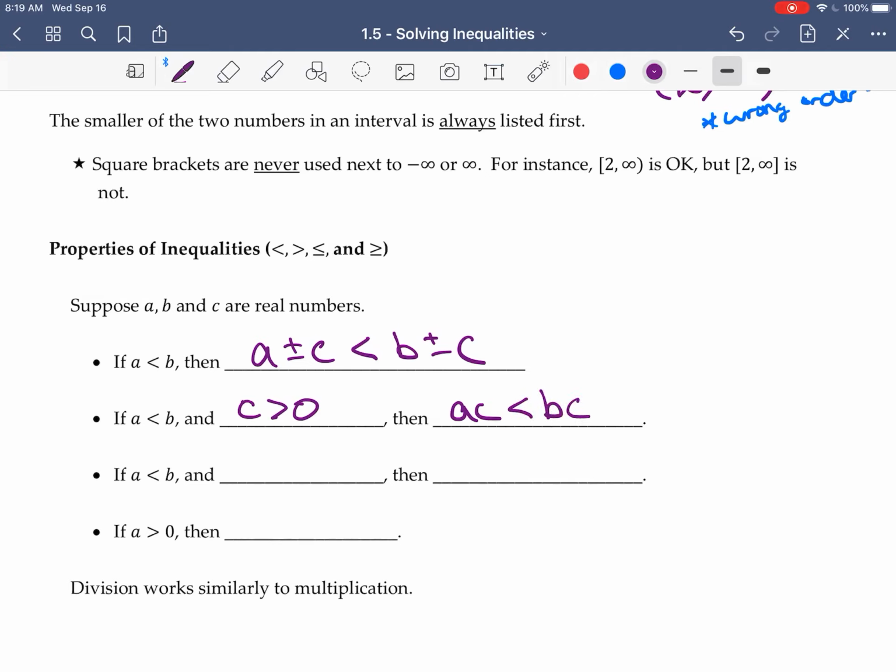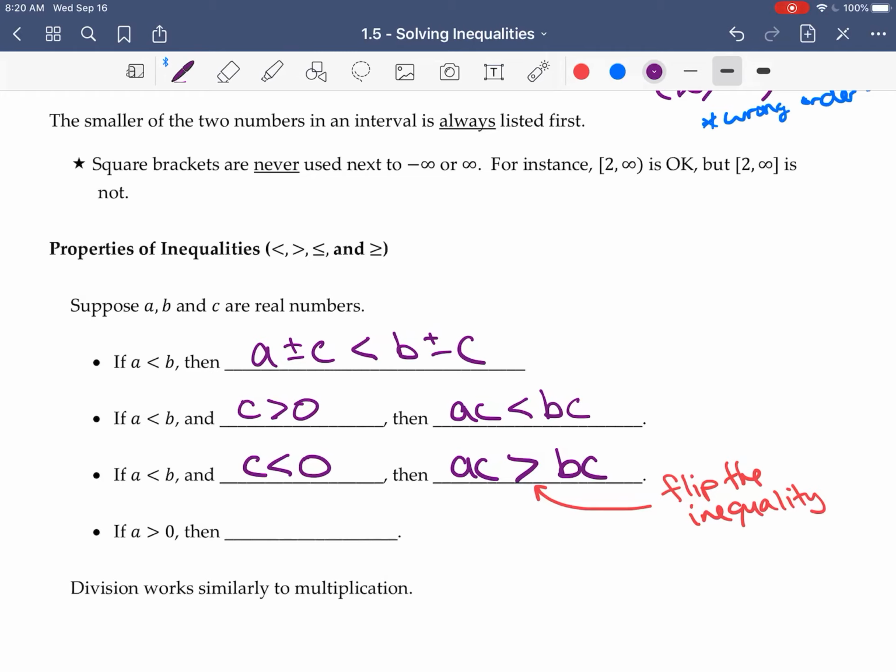So the inequality stays the same. But if C is a negative number, then you can still do it, AC and BC, but you just have to flip the inequality. So if you multiply or divide by a negative number, then you have to flip the inequality.